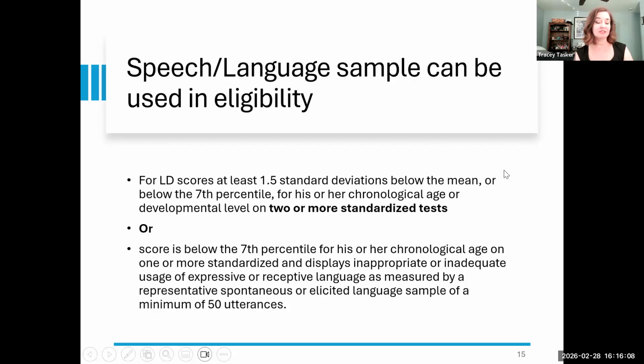So this is where those citation tests could come in, because that would often count as a standardized test. But sometimes in those cases where a child can't sit through a standardized test, you have the opportunity to make them eligible based on an elicited language sample. So just keep in mind how it fits into the whole process and special education law. This is talking about schools specifically.